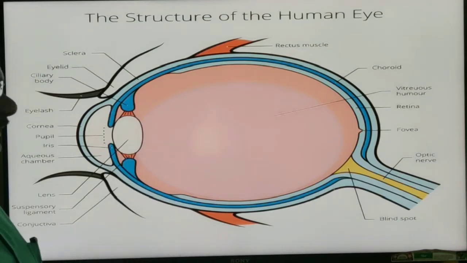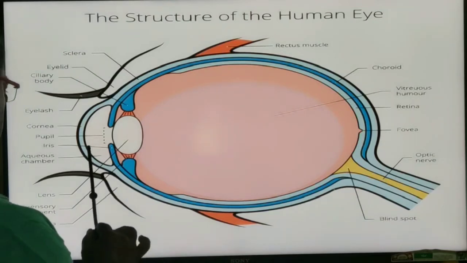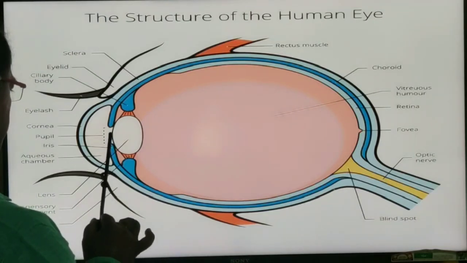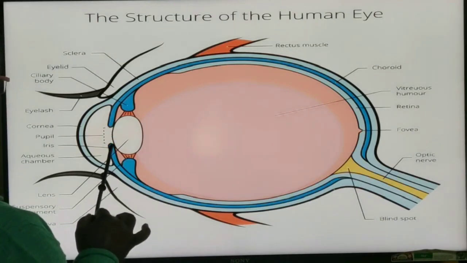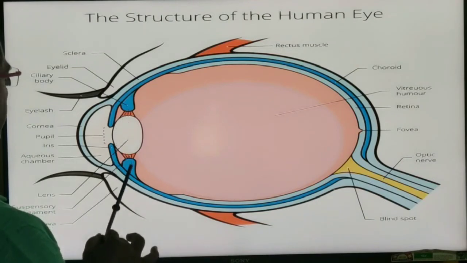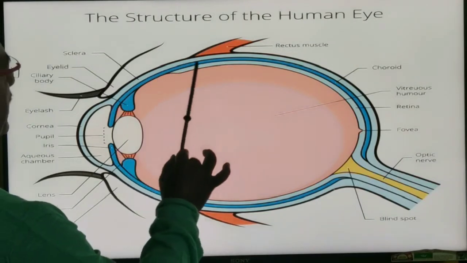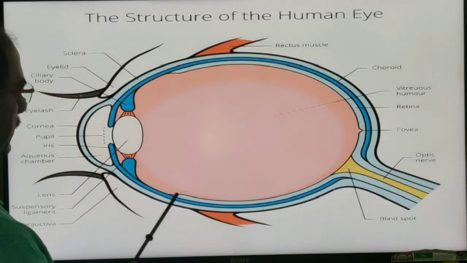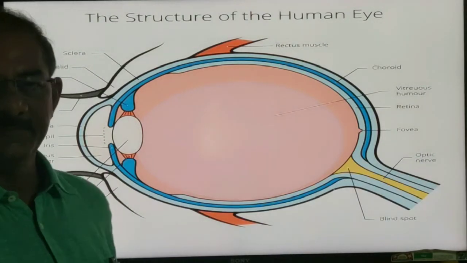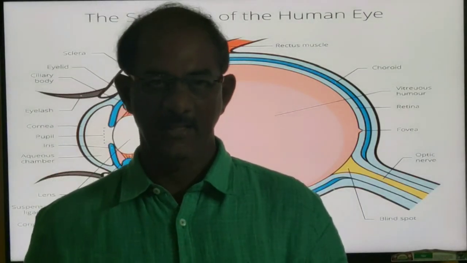And the third part is the iris. That part is called the iris, that part is the ciliary body, and that part is the choroid. So this layer is called the middle layer of the eye.